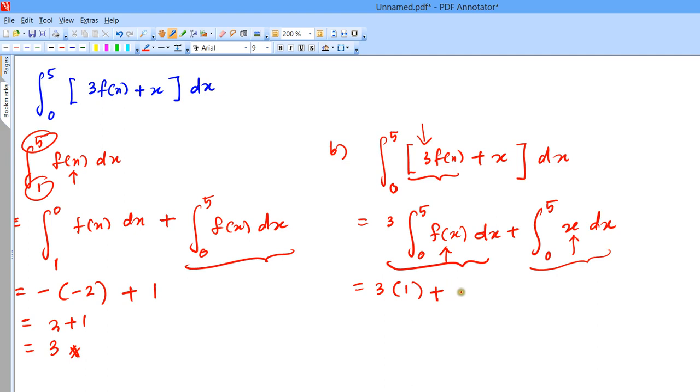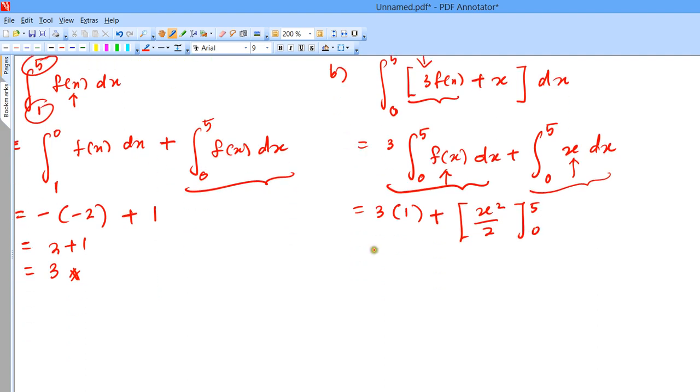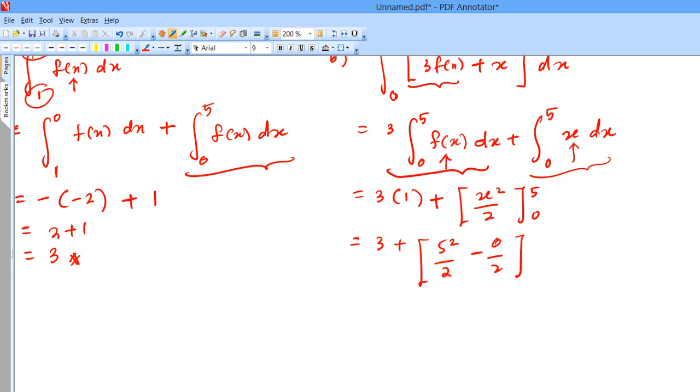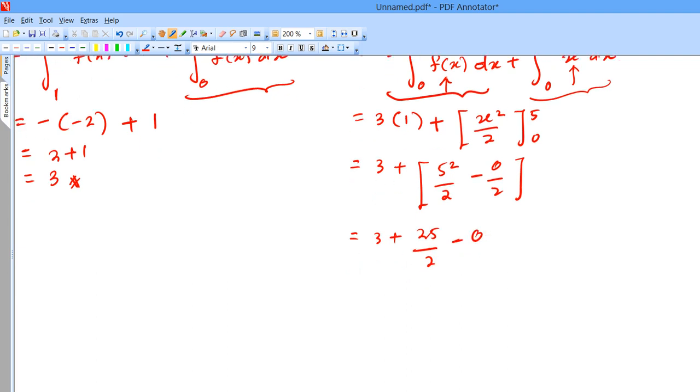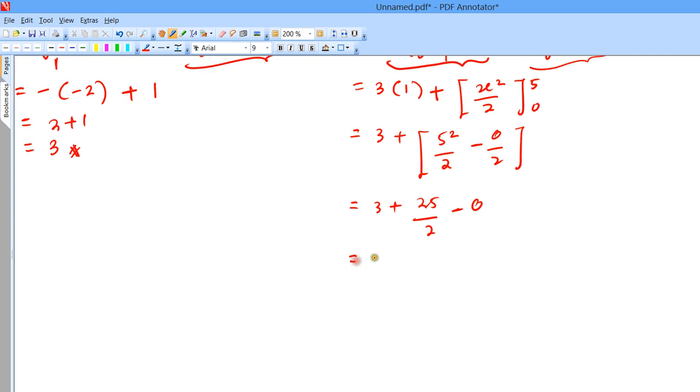Integrating x gives x squared over 2, from 0 to 5. That means we substitute 5 and then minus 0, so 3 plus 5 squared over 2 minus 0 over 2. So it equals 3 plus 25 over 2 minus 0, and the final answer is 31 over 2.